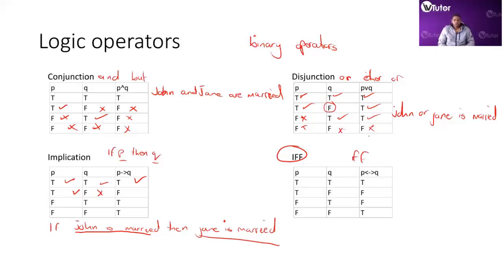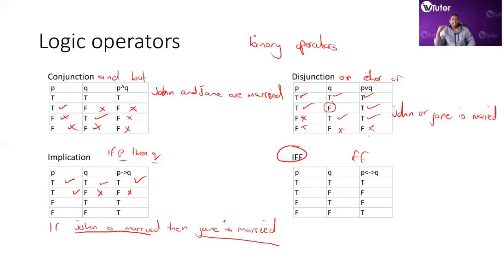This statement is not true, because it says, given that John is married, Jane should be married. But now we're finding that though John is married, Jane is not married. Therefore, we have a false interpretation.